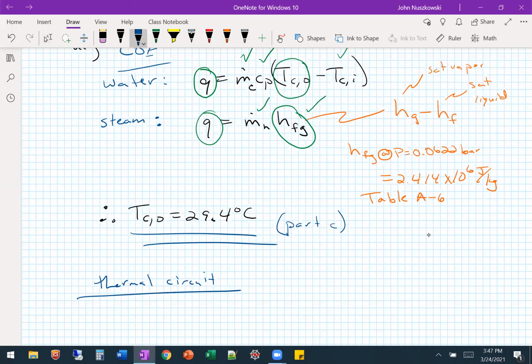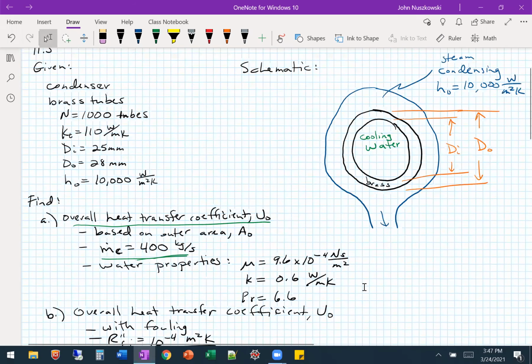All right, so with the thermal circuit, how many resistors do I have? So it should be I think 3.